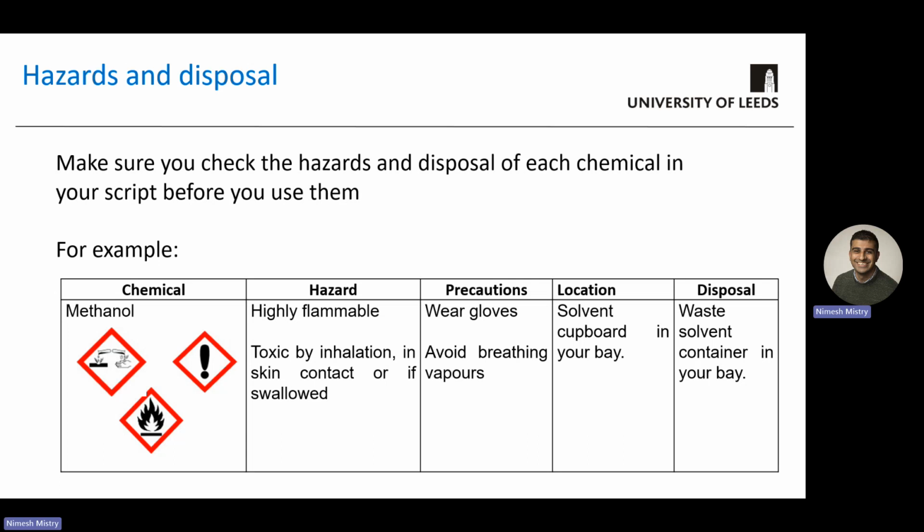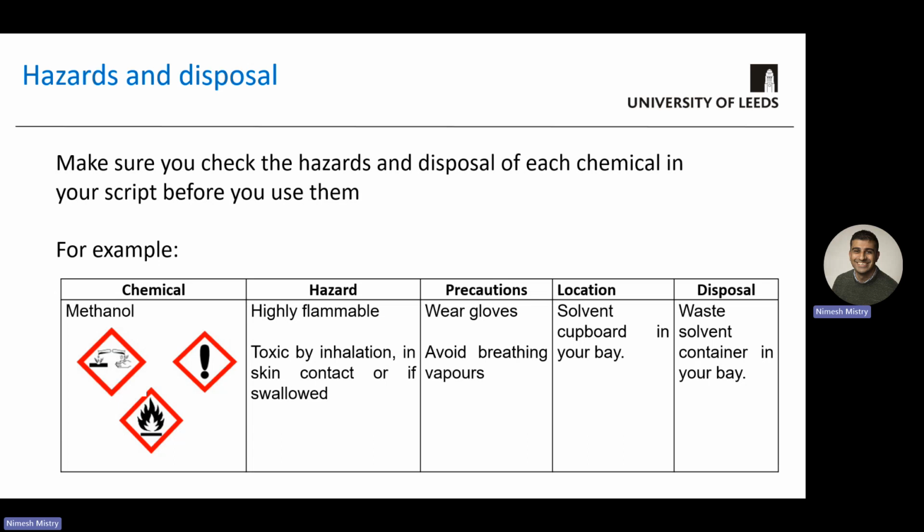So do make sure you're familiar with all the hazards of the chemicals that you're going to be using in the experiment. They're all in the experiment script, and part of the pre-lab exercises will be to ensure that you are familiar with the key hazards associated with this experiment. If you're running the experiment and you forget what the hazards of the chemicals are, or you forget how to dispose of them safely, that's okay.